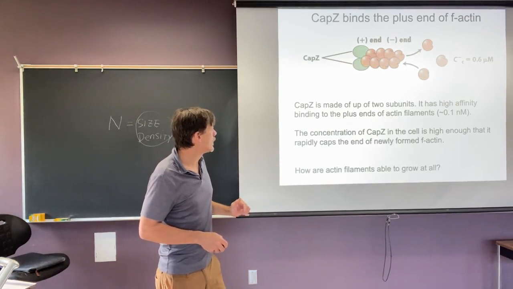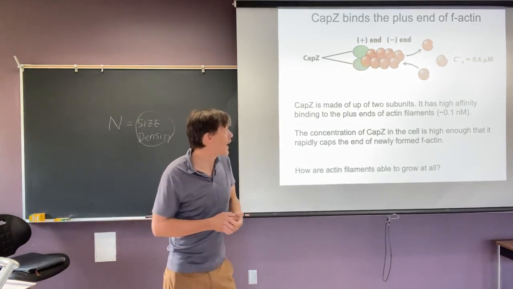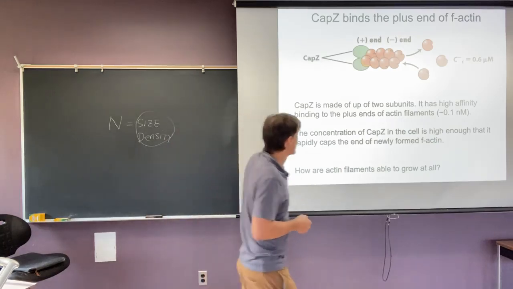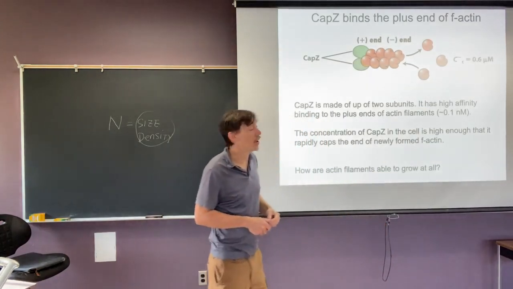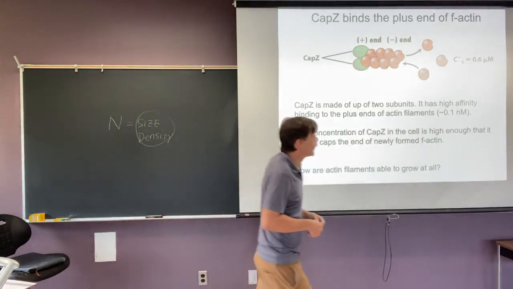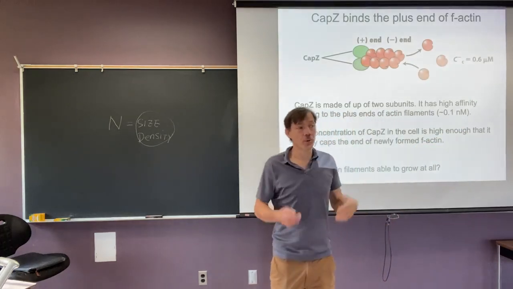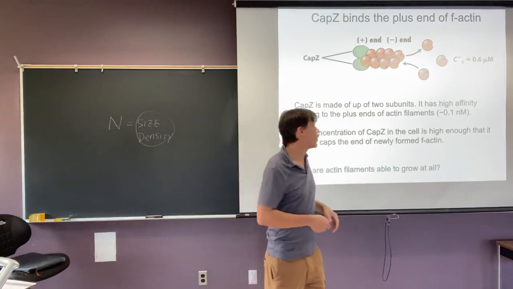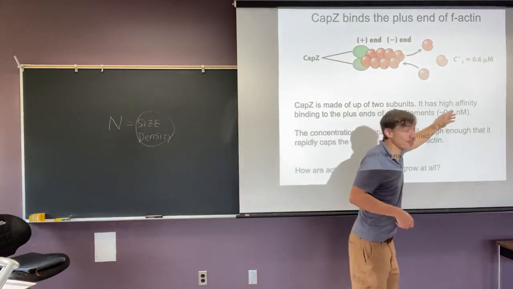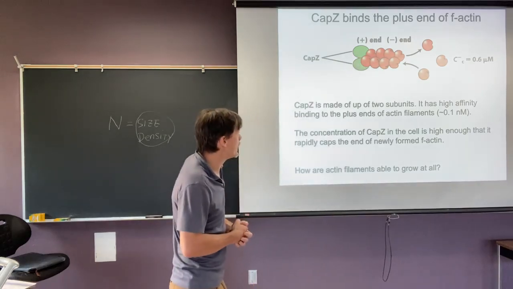Once again, it turns out that CAP-Z has a very high affinity for binding to the ends of actin filaments. It's on the order of 0.1 nanomolar. And if we recall, we've got nanomolar, micromolar, millimolar. So this is about 1 × 10⁻¹⁰ molar binding affinity.